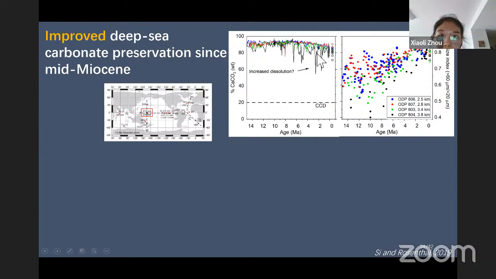So does that mean the dissolution has been stronger toward present? His data show that it's the opposite. Higher size index means less dissolution or better preservation of the carbonate. From 15 million years ago toward present, the size index has been increasing. So that means the carbonate has been preserved better and better toward present.